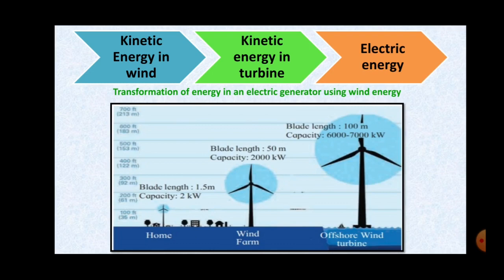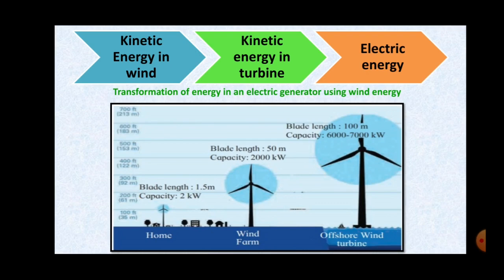And these windmills are as per the geographical locations. Their size is different, their capacity is different. Like you can see in the picture, the ones which can be installed at residential places have blades of 1.5 meters and their capacity to generate electricity is only 2 kilowatts.